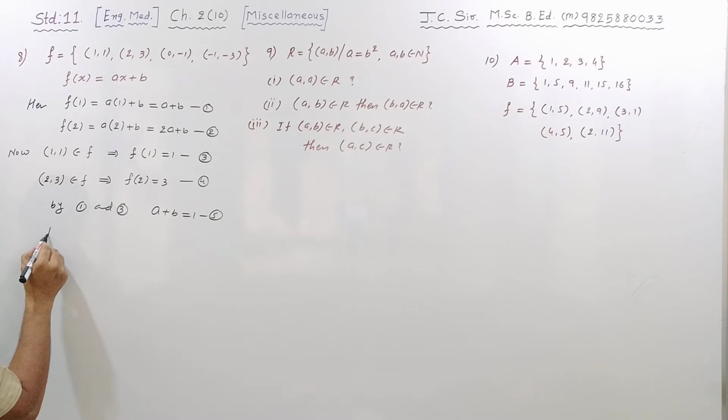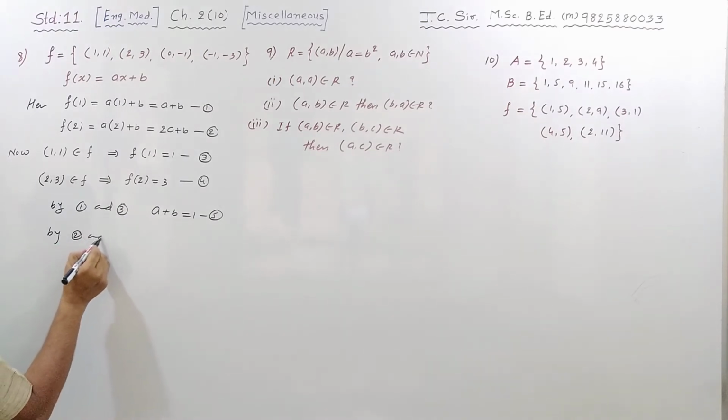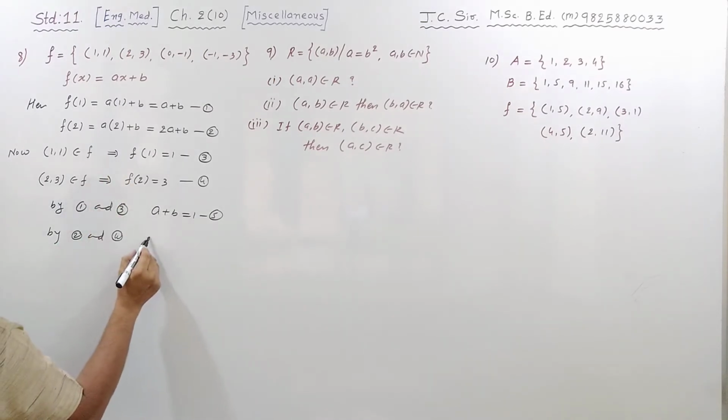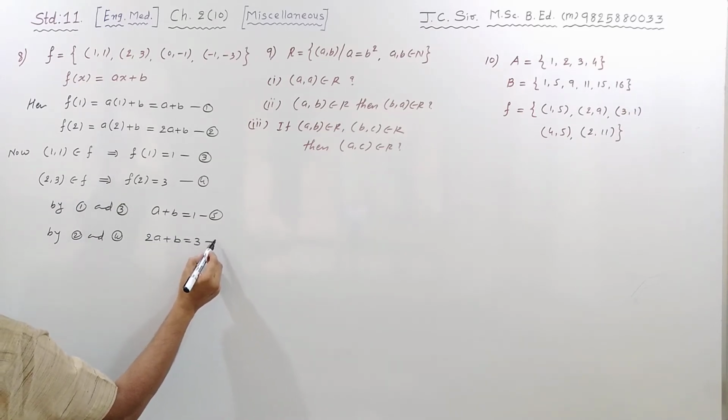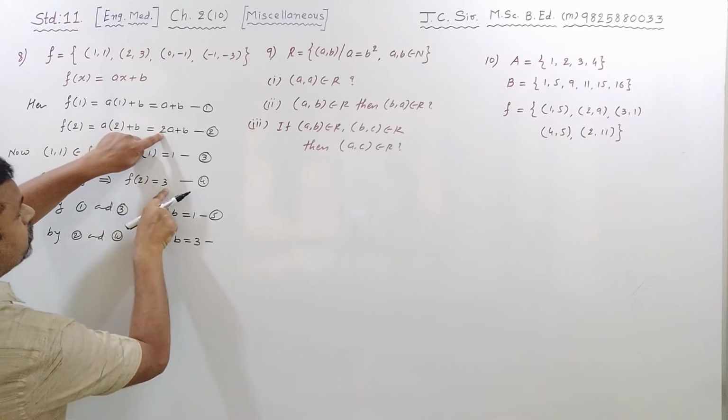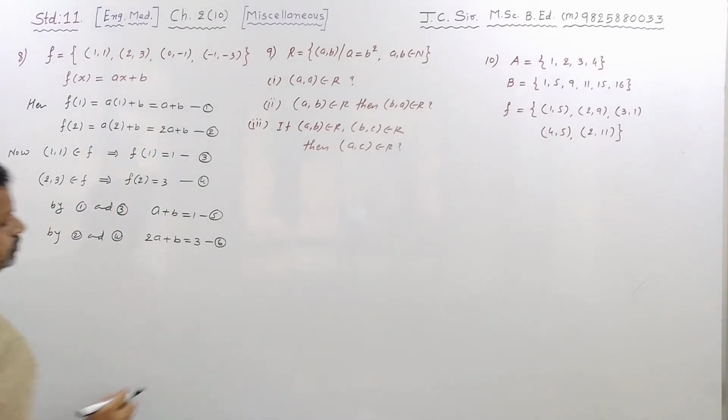And by 2 and 4, 2a plus b is 3, number 6.